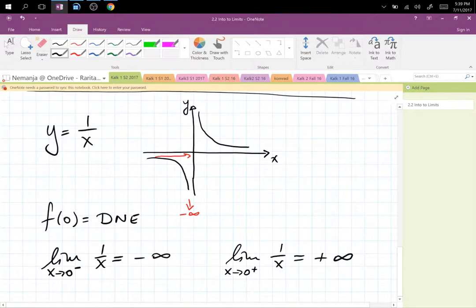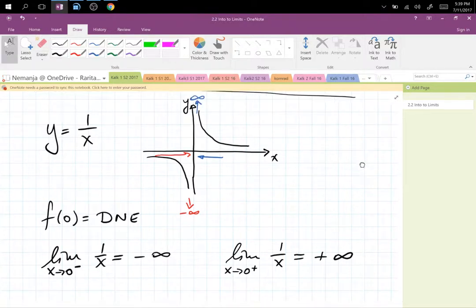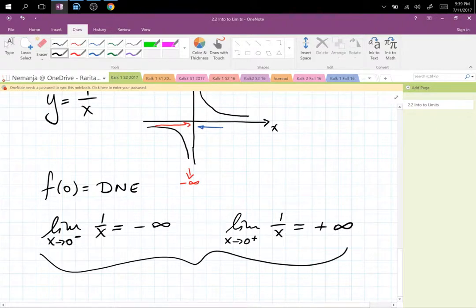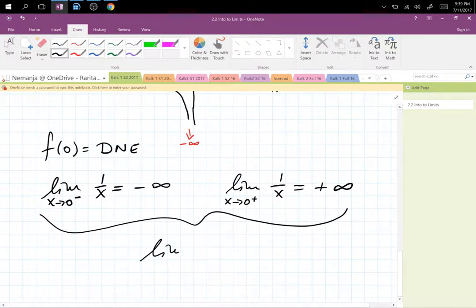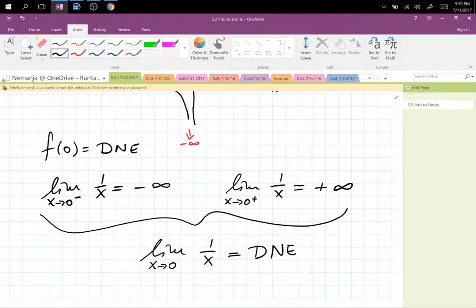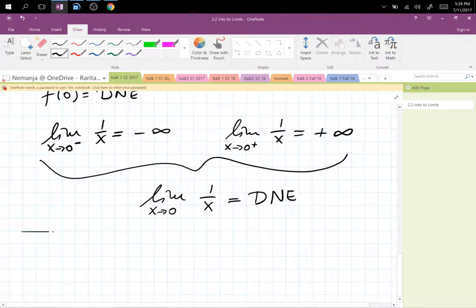Positive infinity. Very good. The blue approach from the right is going to push up to positive infinity. Great. What is the overall limit for 1 over x as x approaches 0? Does not exist. They are not the same. Right? They diverge from each other. Perfect.